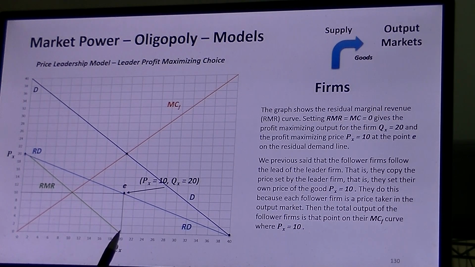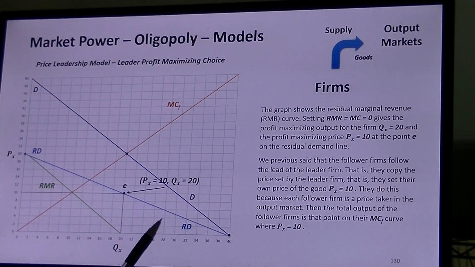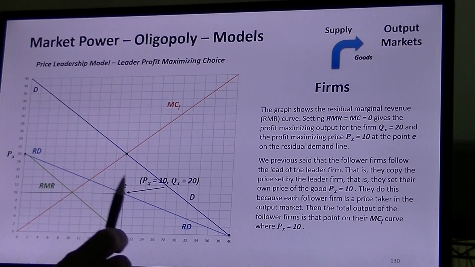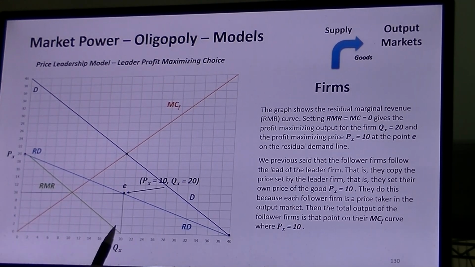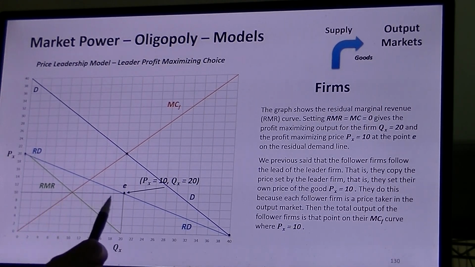Remember, we get half the market again, and for the same reason: if you used calculus with this as your demand curve to calculate the profit maximizing outcome of the firm, you would get a price of 10 and an output of 20.